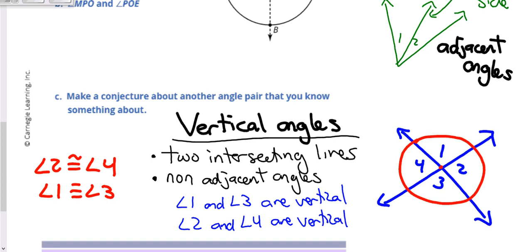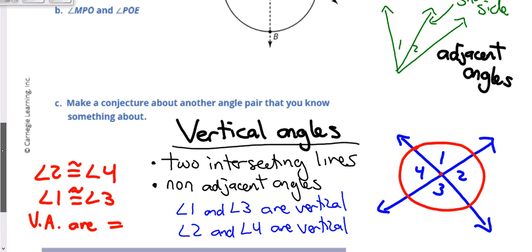So therefore, vertical angles, I'm just going to label it VA, are equal measure. Any vertical angles that you find are always going to be equal measure, and congruent. That should be a little squiggly there, not just a line across. All right, so just some definitions.